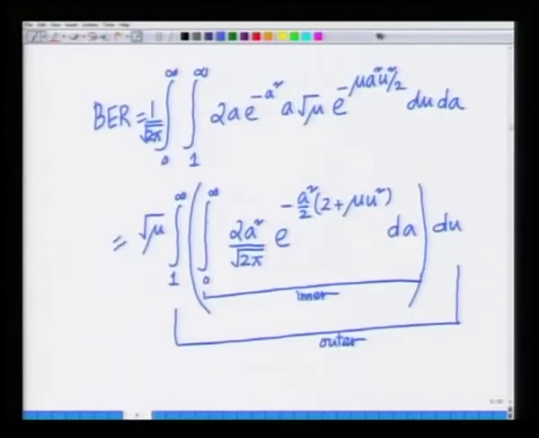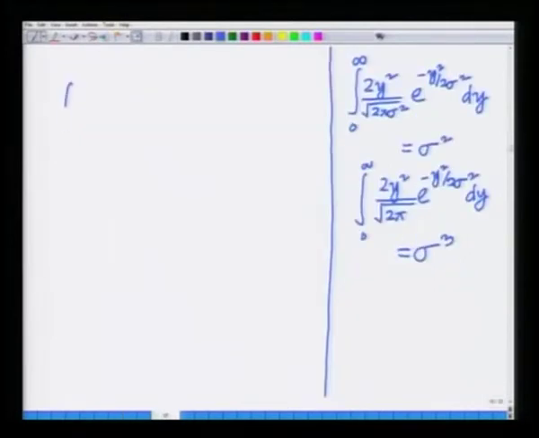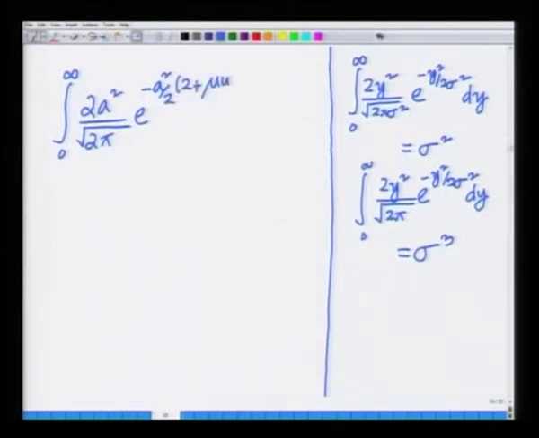Now, let me write down what I had from the previous page. The inner integral that I wanted to evaluate is nothing but the integral from 0 to infinity of 2a square by square root of 2 pi, e power minus a square by 2 into 2 plus mu u square, dA.